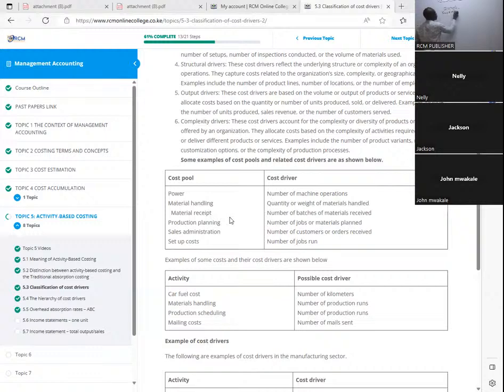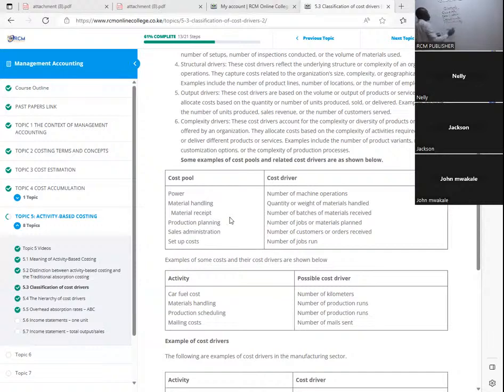I think you can remember the question. We have repair and maintenance of machine. We have depreciation of machine. We have insurance of inventory.